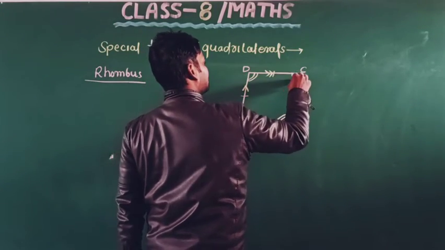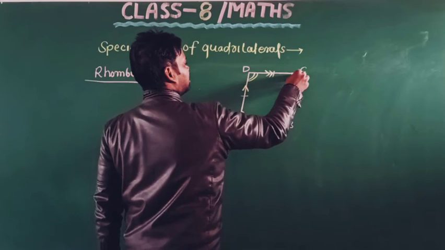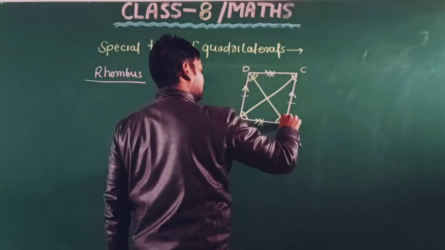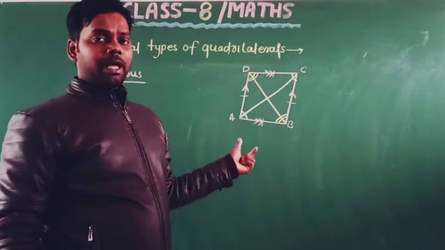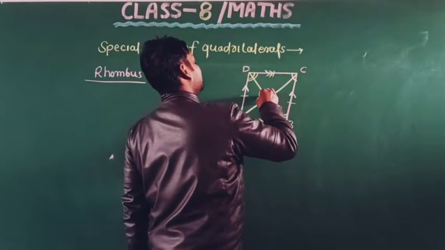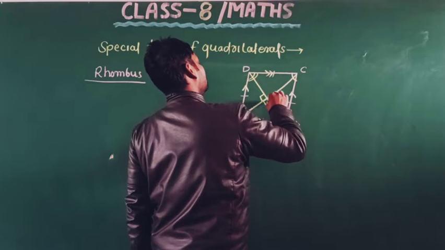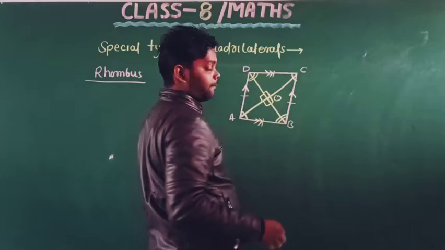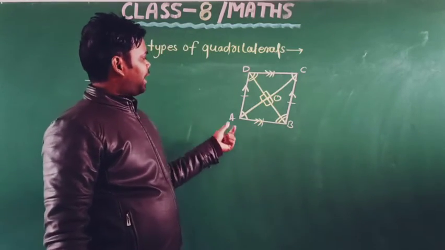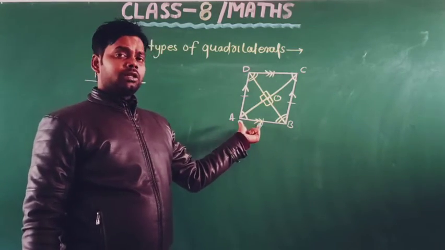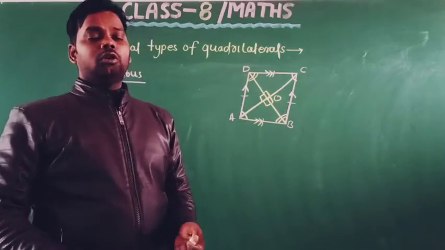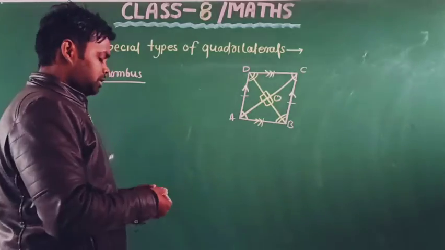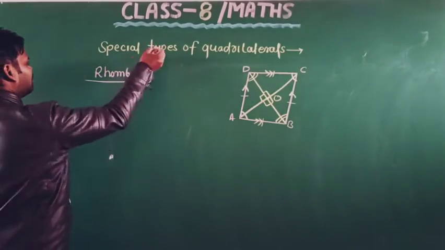Angle A is equal to angle C and angle B is equal to angle D, and its diagonals bisect each other. Its diagonals bisect each other at 90 degrees. This is a point O. And the adjacent angles are supplementary also. So this is the property of rhombus.